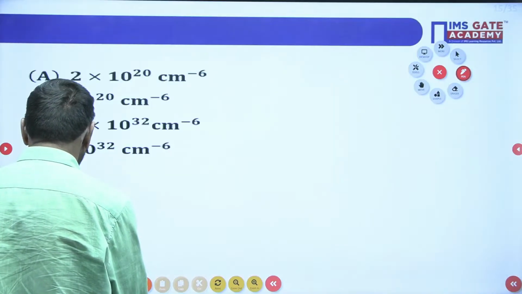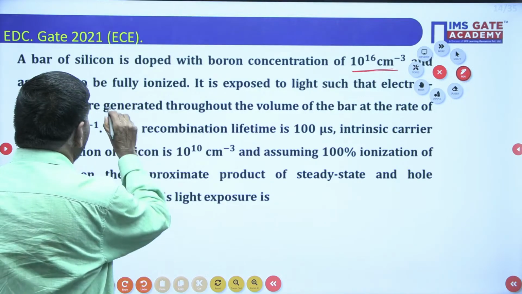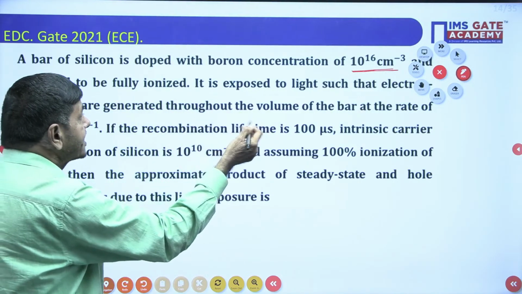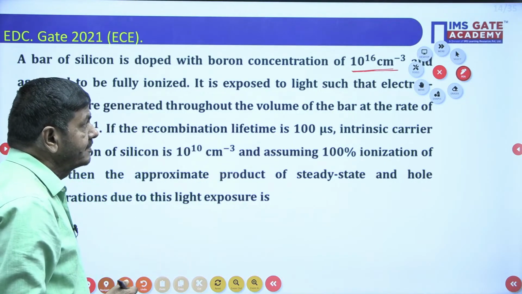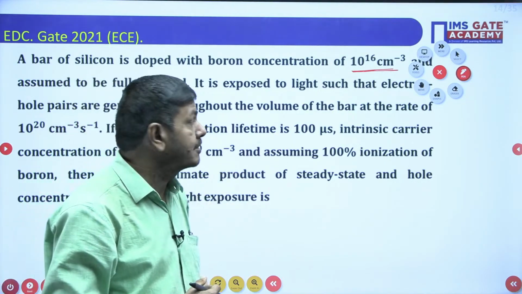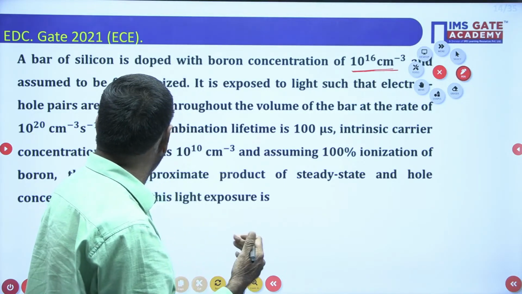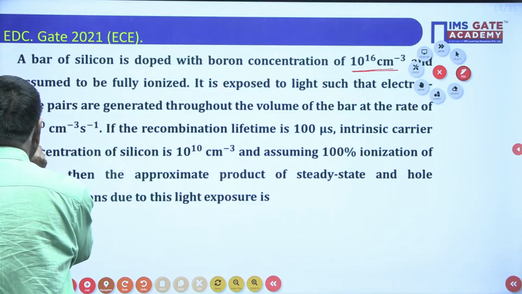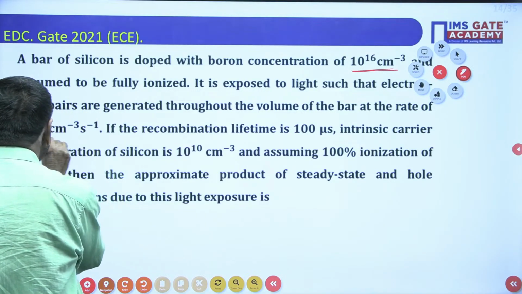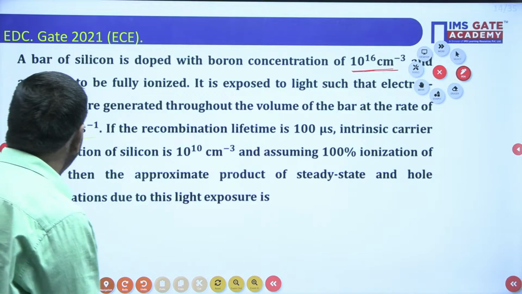The next value, what is given here now? It is exposed to light such that electron hole pairs are generated throughout the volume. When the light is exposed on this material, electron hole pairs are generated throughout the volume of the bar at the rate of 10 power 20 per cm cube per second.